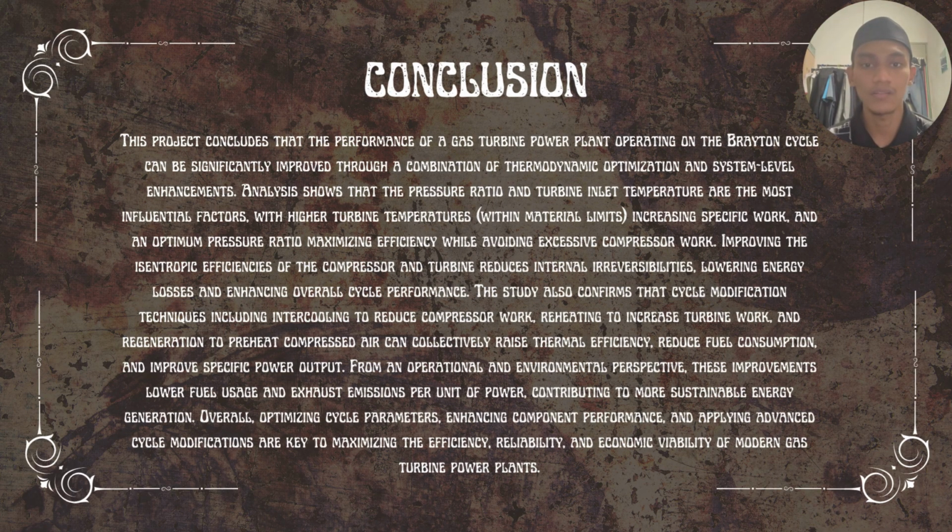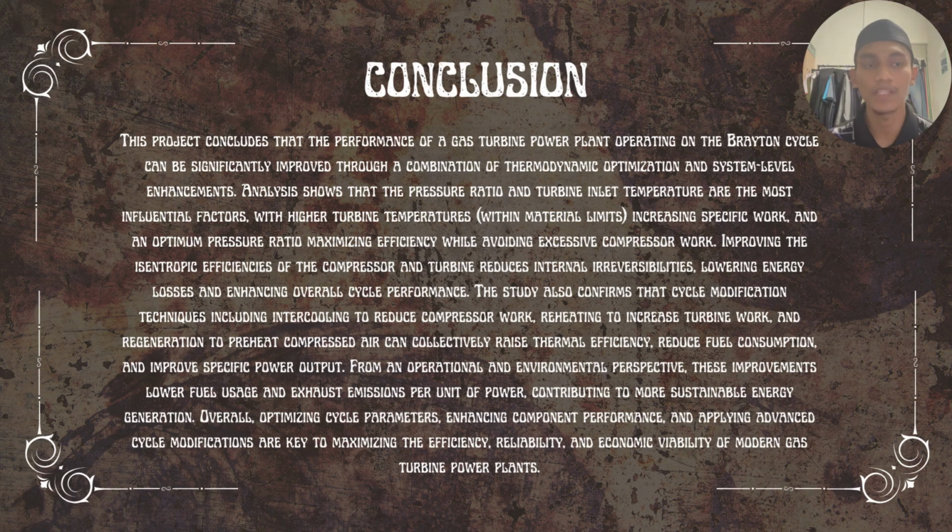For the conclusion of our project, this project concludes that the performance of a gas turbine power plant operating on the Brayton cycle can be significantly improved through a combination of thermodynamic optimization and system-level enhancement.